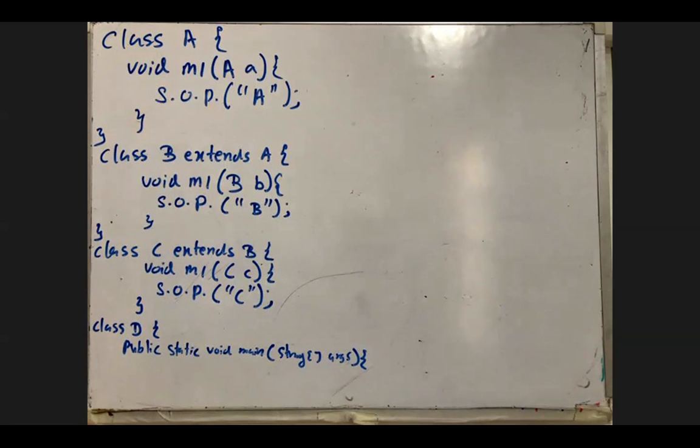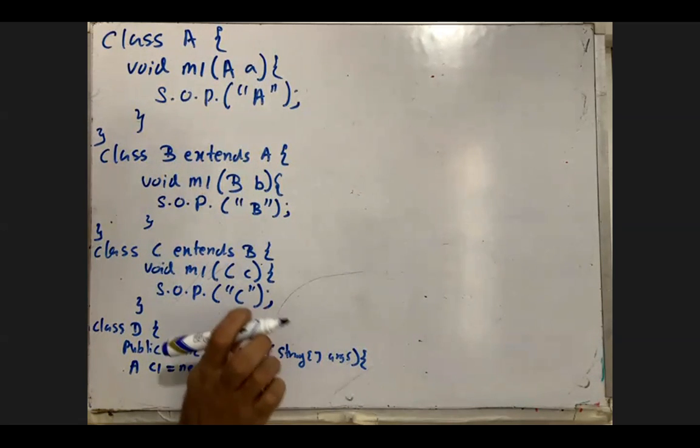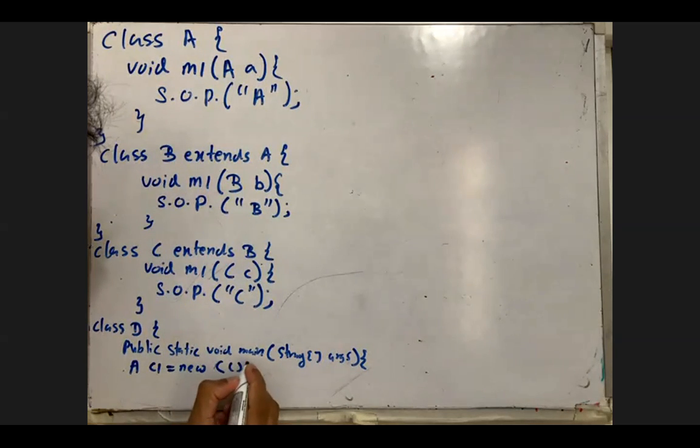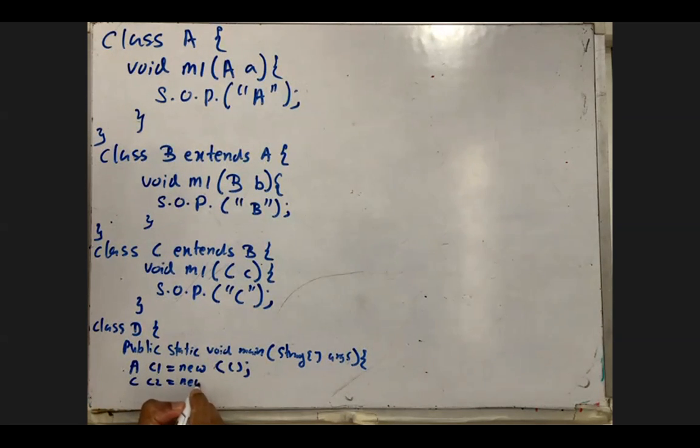Here you pass from A, C1 is equal to new C. New C. After that, C2 equal to new C. After that, C1.M1(C2). C1.M1 passing C2. After that, closing that bracket.